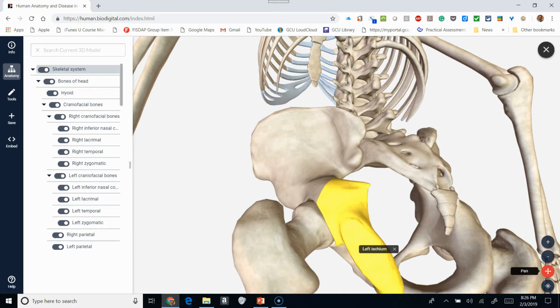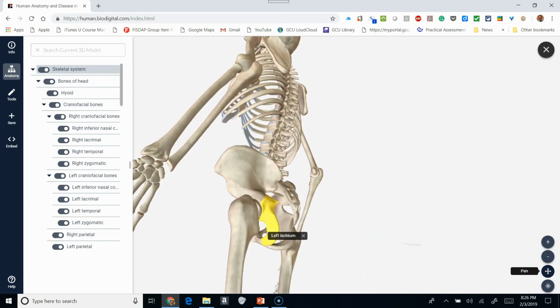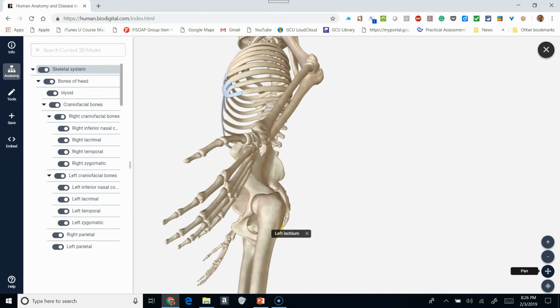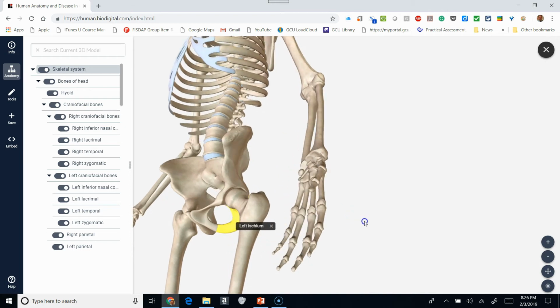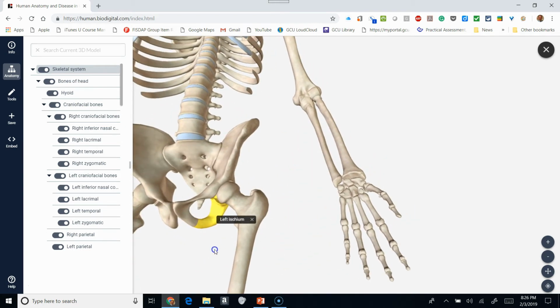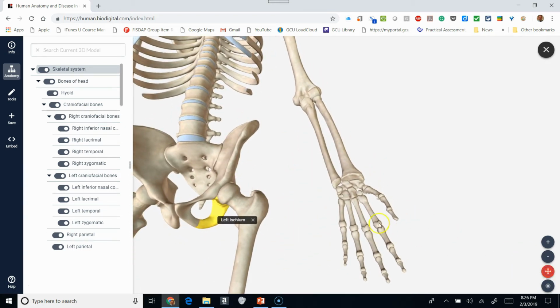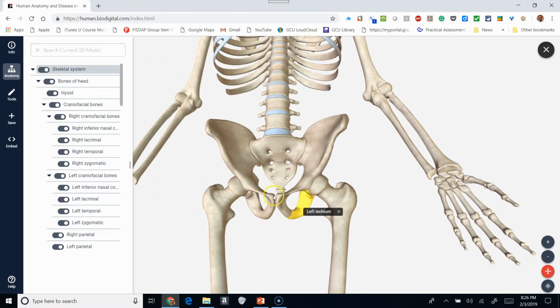And one of the things you want to notice when you're dealing with this is that the pelvis itself actually is like a little pretzel. I shouldn't say a little pretzel because it's quite large, but when you break it, it's going to break in at least two spots. So just like a pretzel does when you try to break it in half, it's going to break in two spots as well. Okay, so that part is the pelvis.